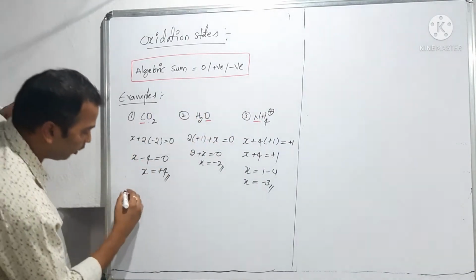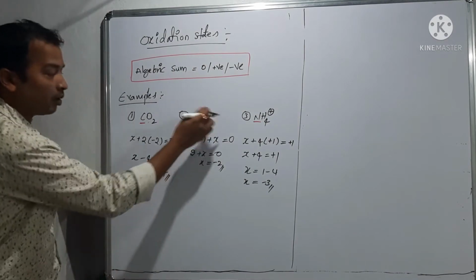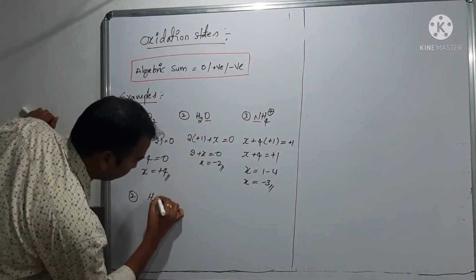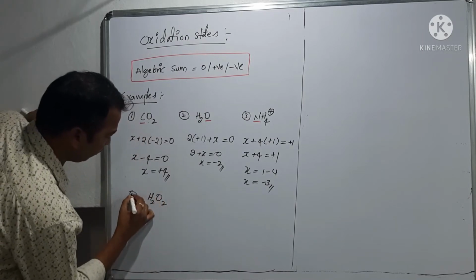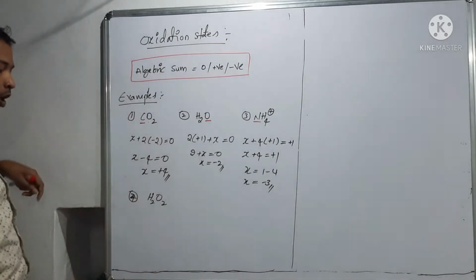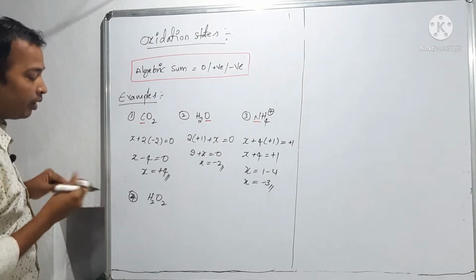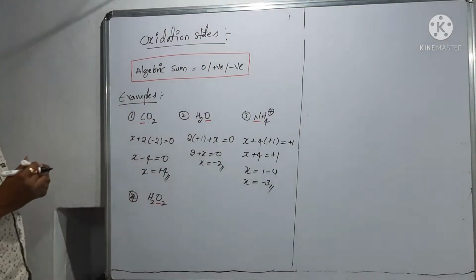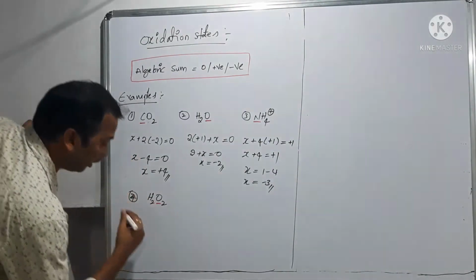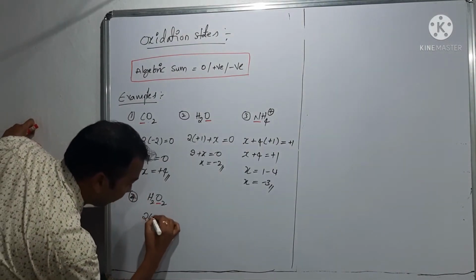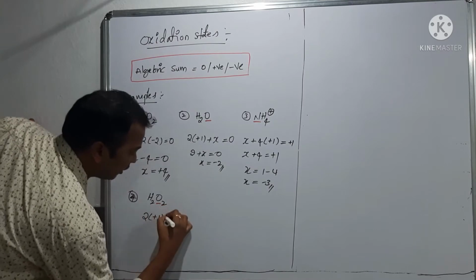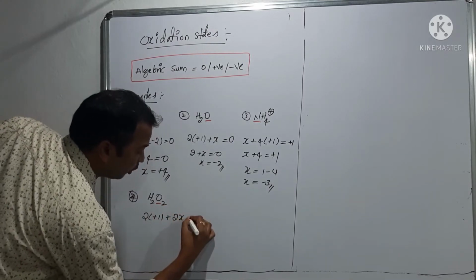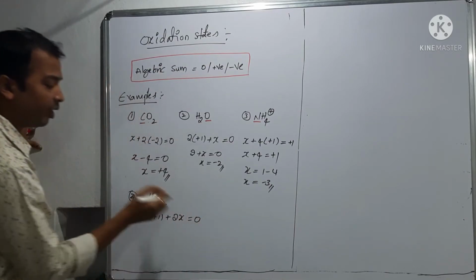And again, going to another example of oxygen. So here I am taking H2O2, hydrogen peroxide. In this one they are asking to find the oxidation state of oxygen. So there we have two hydrogens, each carries plus 1 charge, plus two oxygens, we don't know the charge, 2x, that equals 0 because it is a neutral one.